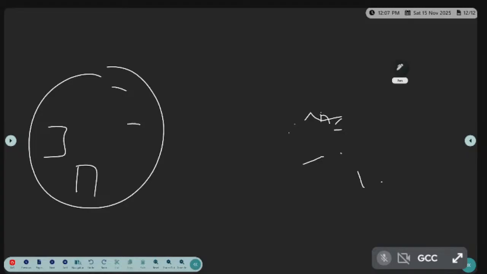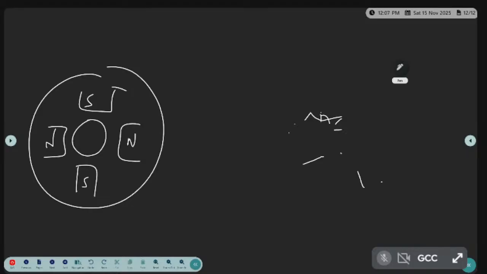In the DC generator, here we have the field, north and south, and the conductors are here. Now what I am doing is interchanging their places, for the AC generator.